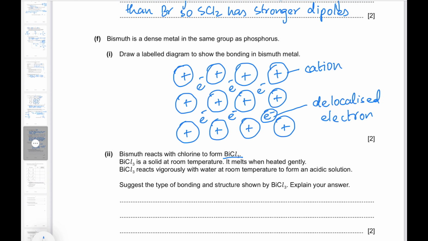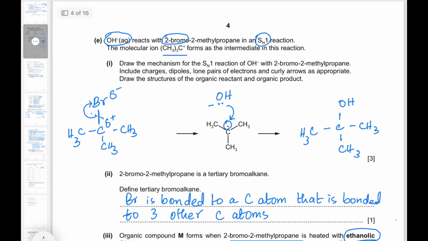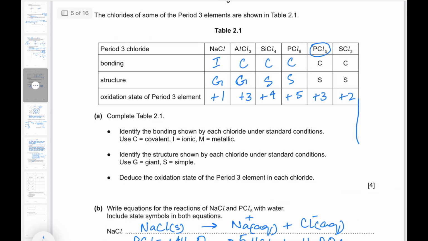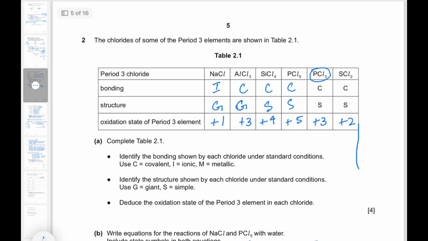So as you can see, it reacts with water, meaning that it's hydrolyzed. When a chloride is hydrolyzed in water, it means that its bonding is covalent, since we saw earlier that sodium chloride having ionic bonding is not hydrolyzed, it only dissolves in water, whereas phosphorus chloride will get hydrolyzed in water, meaning that it has covalent bonding.